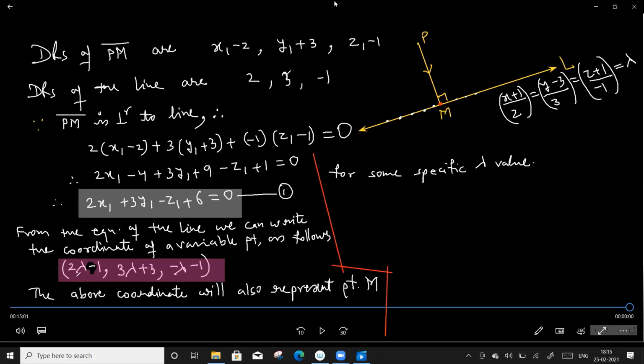Now see, if this represents the coordinates of point M, what does that mean?